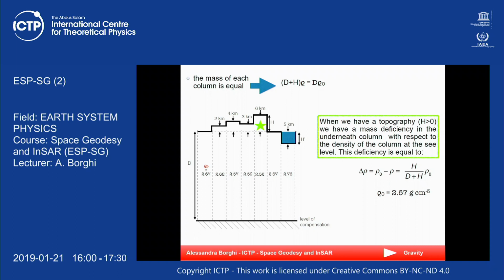The density variation with respect to rho zero is given by the height of the point over the depth d plus the height, multiplied by rho zero. This is because we want these masses to be equal to these masses. This relationship is derived from the condition of conservation of the masses.